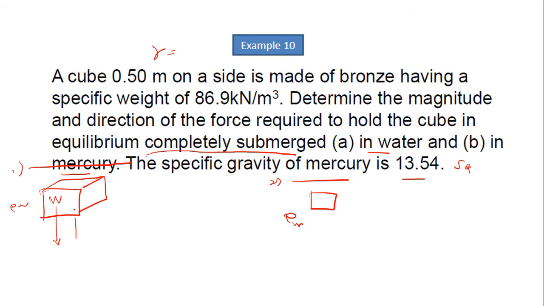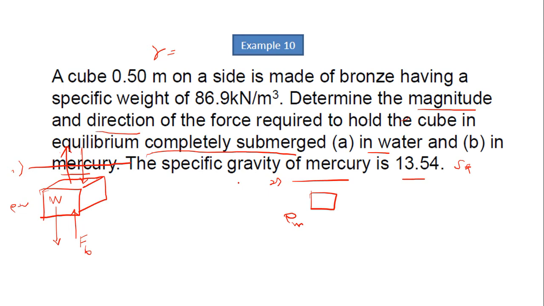So we have another force upwards, the buoyant force, and because it's not floating, it's completely submerged, we'll have another force, the external force, and we're not sure yet whether the force is acting upward or downward. That's why they ask you to find the direction. You have to find the magnitude, how many newton, and also the direction, whether it goes up or down, in both situations. That's the question.